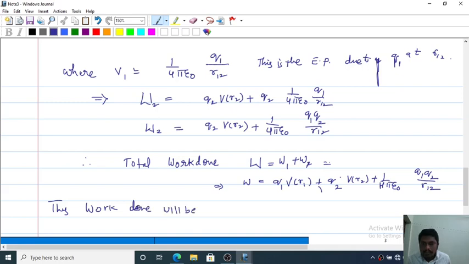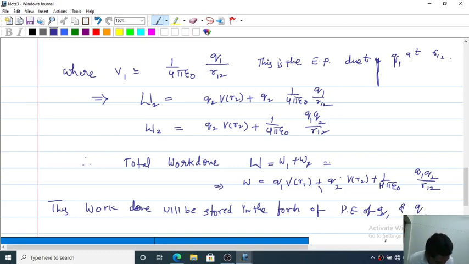will be stored in the form of potential energy of Q1 and Q2, right.